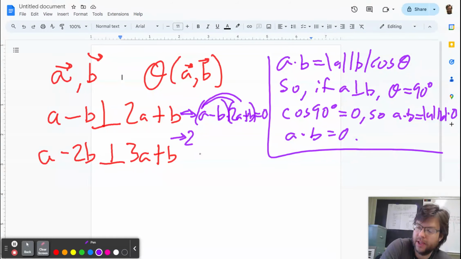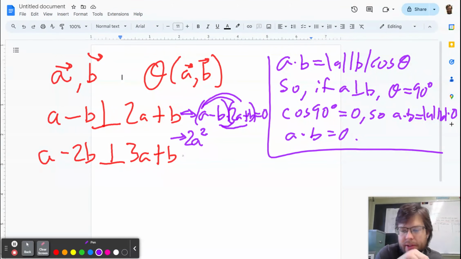One of the properties of the dot product is that you can distribute it. So we're just distributing it like we would with a normal polynomial. So 2A dot A would be 2A squared. And really, I shouldn't use squared there because what does it even mean to square a vector?